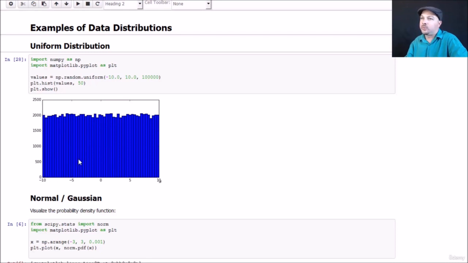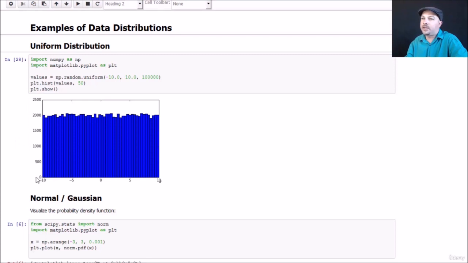Unlike the normal distribution where we saw a concentration of values near the mean, a uniform distribution has equal probability across any given value within the range that you define. So what would the probability distribution function of this look like? Well, I'd expect to see basically 0 outside of the range of -10 or beyond 10.